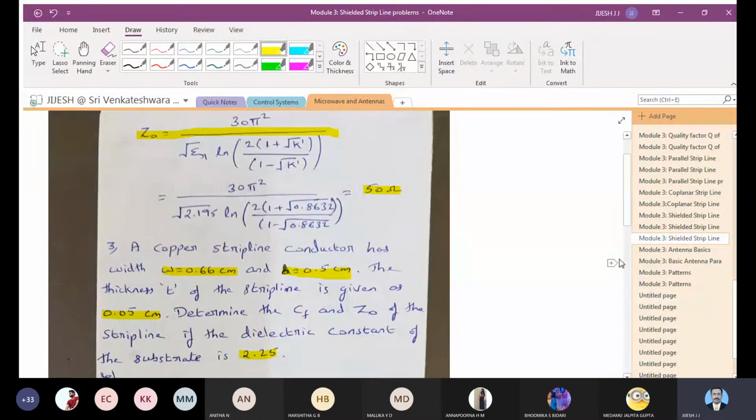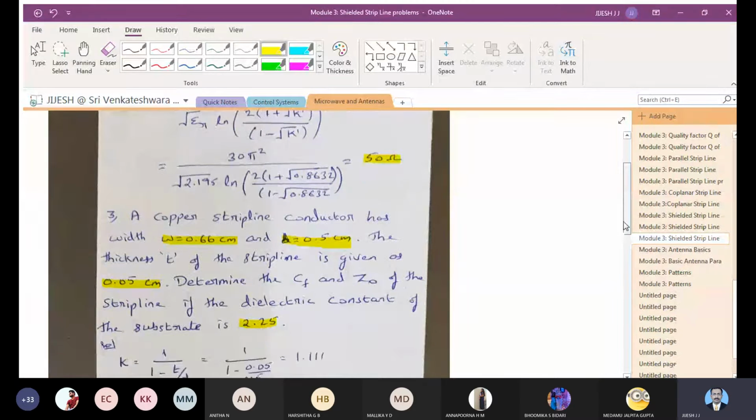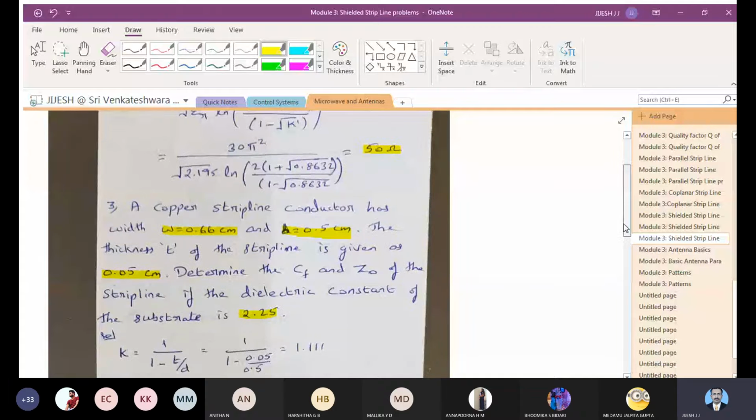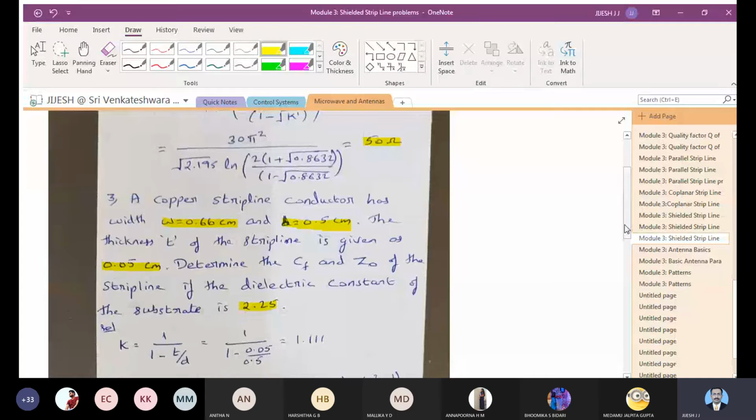So you have to find out the value of K. You will get 1 divided by 1 minus T by D. After that, you know that you have to find out CF.